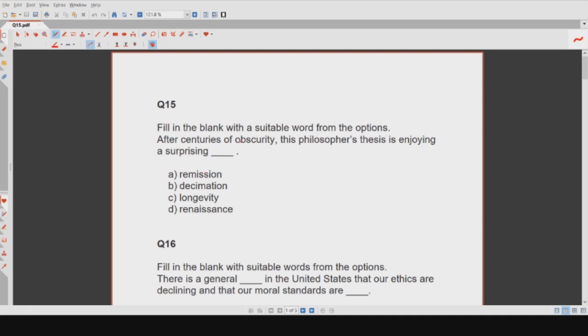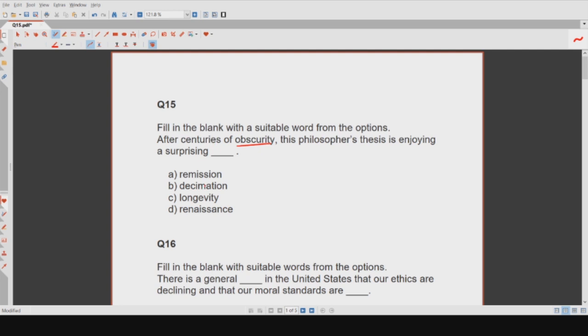Here, what does obscurity mean? It means the state of being unknown, unconspicuous, or unimportant. So here they are saying that after centuries of being unknown, this philosopher's thesis is enjoying a surprising.